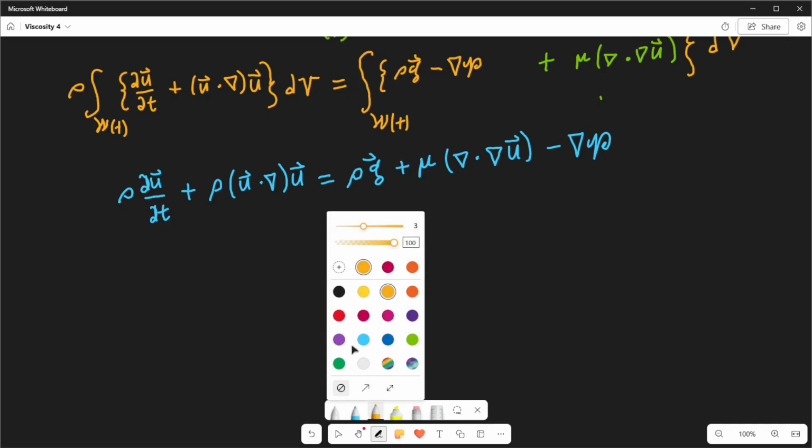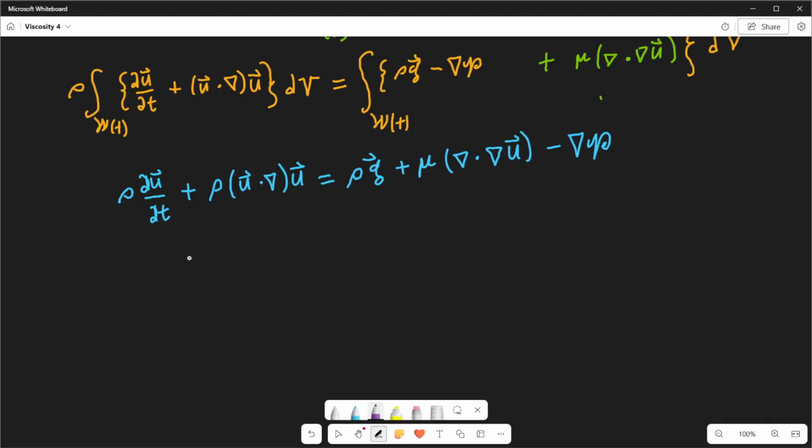I think I'll use one more color. I think I'll also move the rho around.